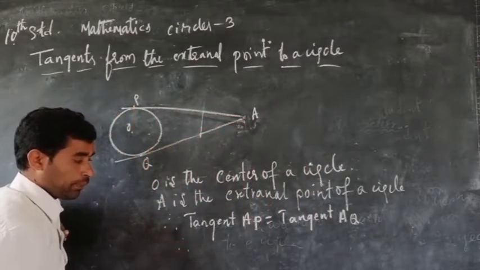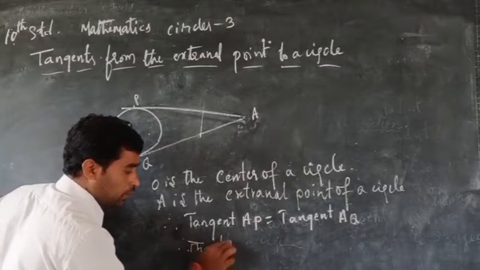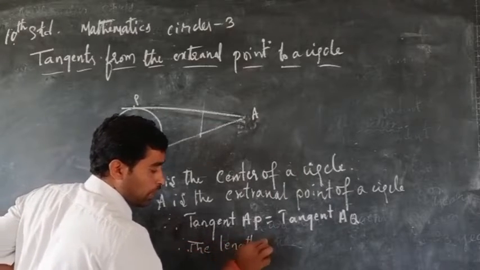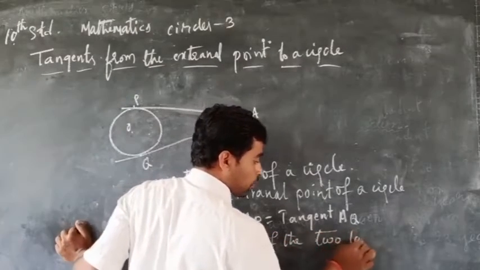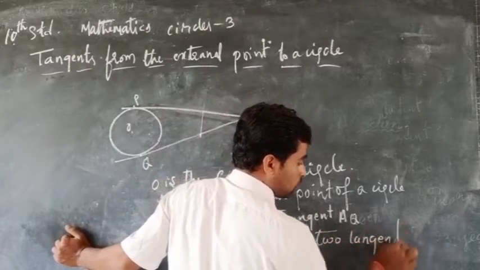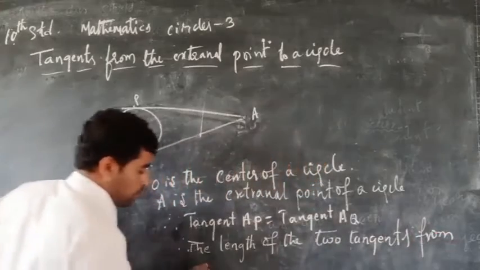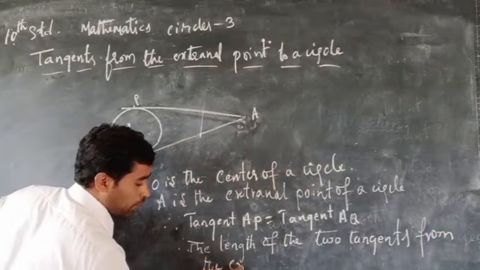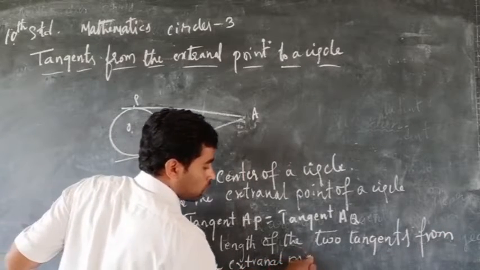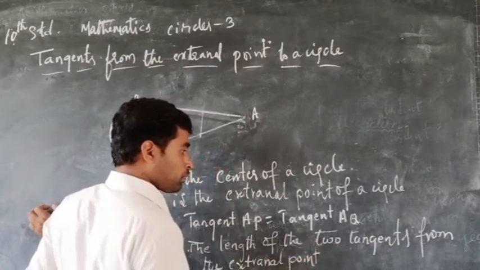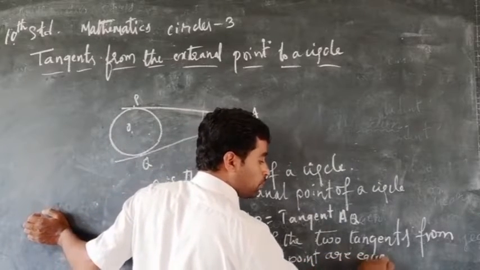Therefore, we easily conclude that the lengths of the two tangents from the external point are equal.